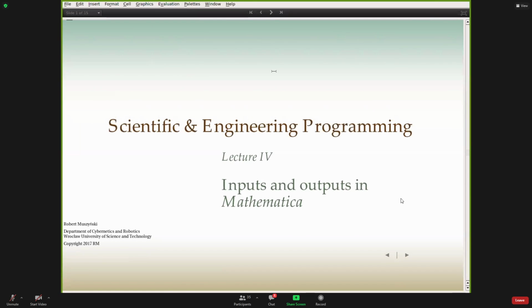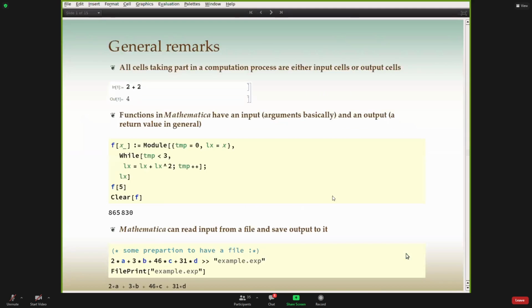Okay, so I hope that you can see my screen now. And we have the slides for the next lecture, which considers the inputs and outputs in Mathematica.